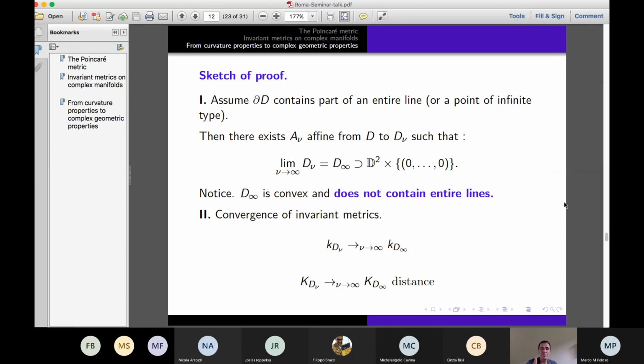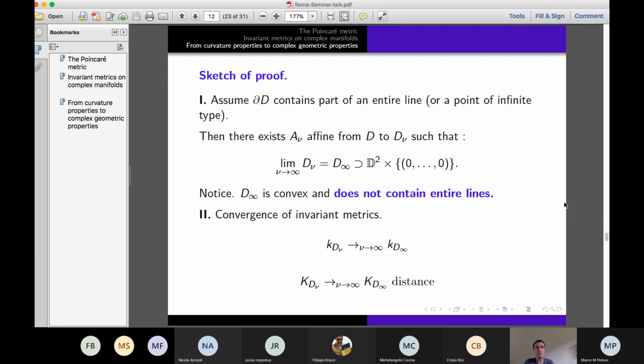Then you can prove, and this was due to Andrew Zimmer, that you can find a sequence of affine transformations from your domain to some new domain. What is important is that they are affine, such that the limit domain contains a bidisk. By a bidisk, I mean an object of complex dimension 2 inside the domain, and if you restrict to it, the boundary is exactly the boundary of the bidisk.